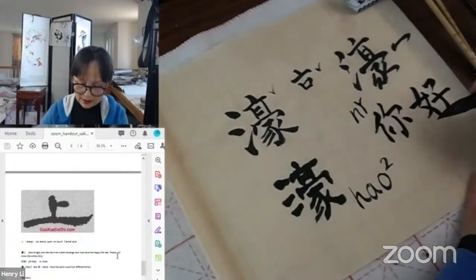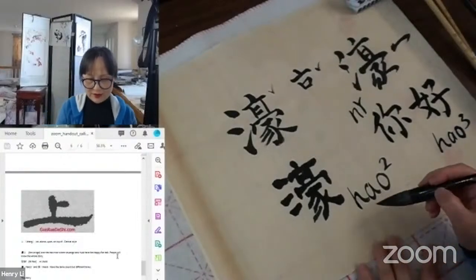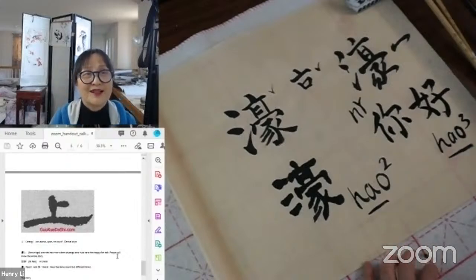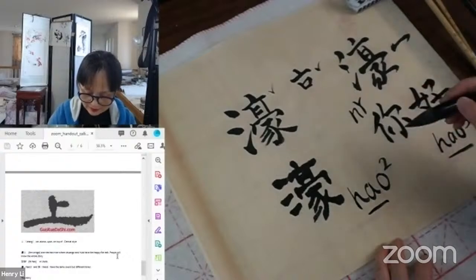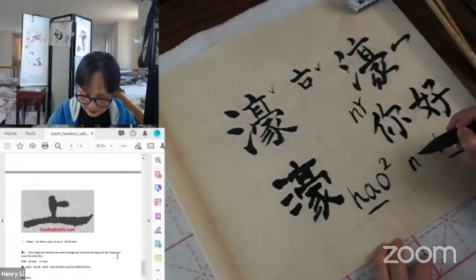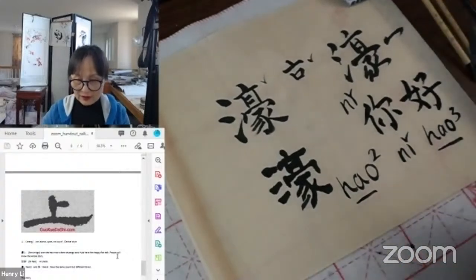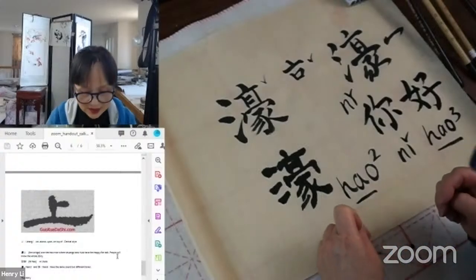So this one, I put the third tone. Look, this part is the same, and just the tone is different. Okay, listen to me.